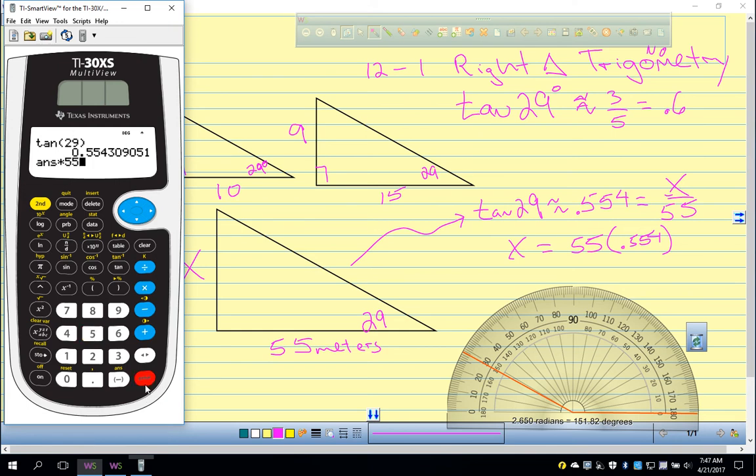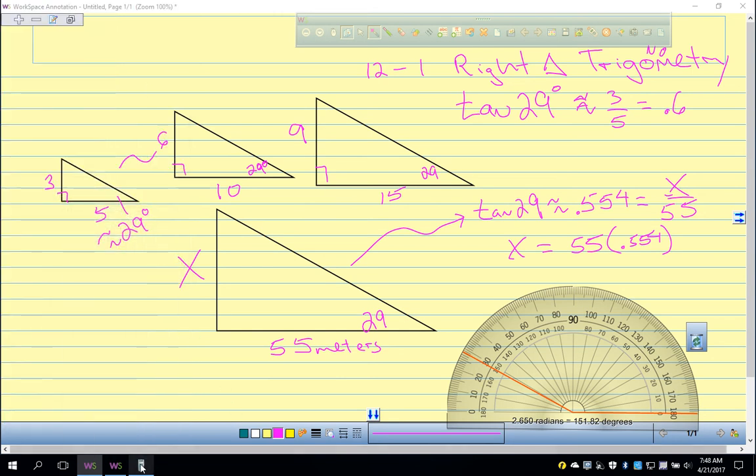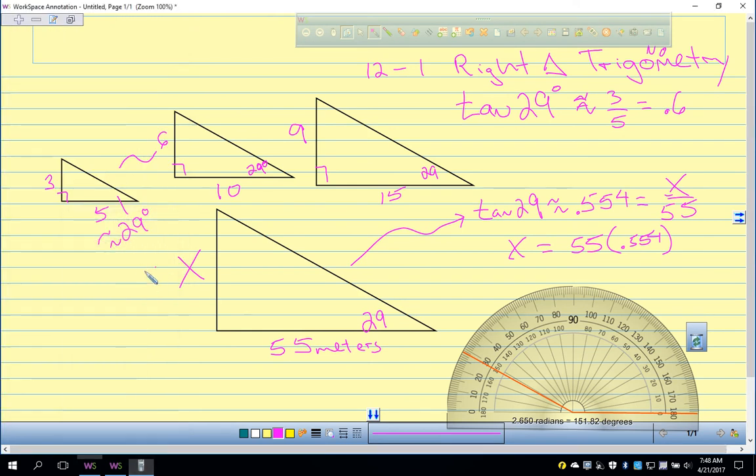And I get that, if this were like the height of a tree or something, it's about 30.5 meters, right? Yes? No? Maybe.